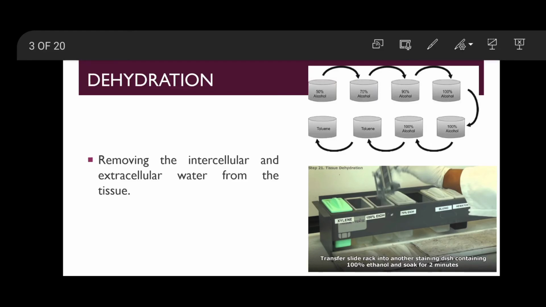The process of removing the intercellular and extracellular water from the tissue following fixation and before wax impregnation is what we call dehydration. So, the dehydrating agents are usually in increasing strengths to remove aqueous tissue fluids with little disruption to the tissue caused by diffusion currents.